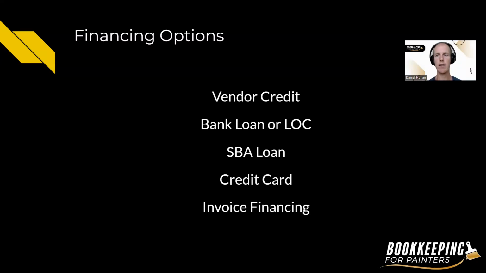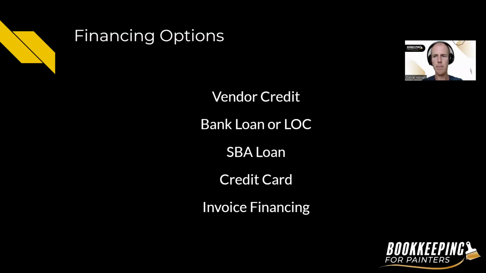Now, if you're doing commercial, that's another story. You probably have a substantial accounts receivable where folks owe you 60, 90 days, waiting to get paid from those folks, especially if you're working under a general contractor. But if you do have an accounts receivable, you can go to some of these companies.